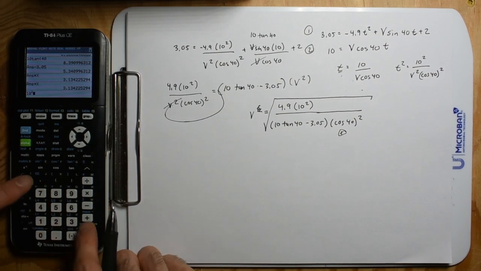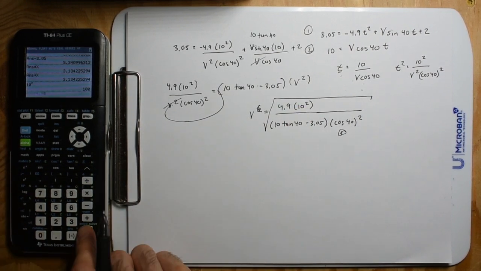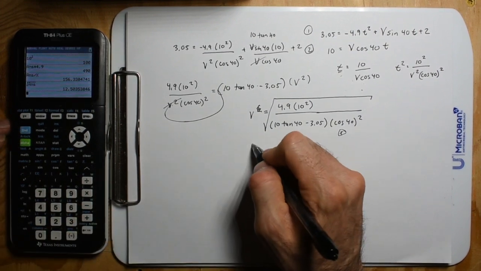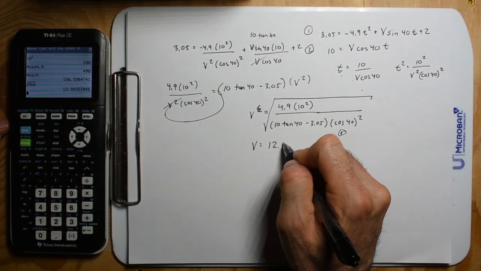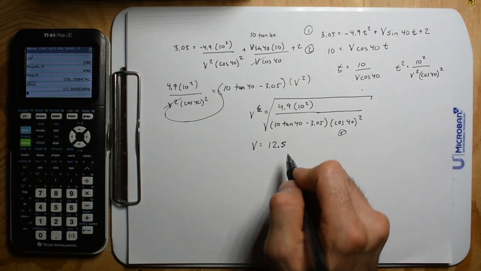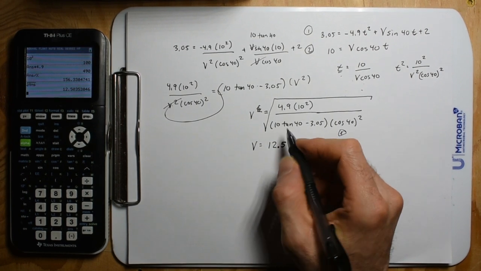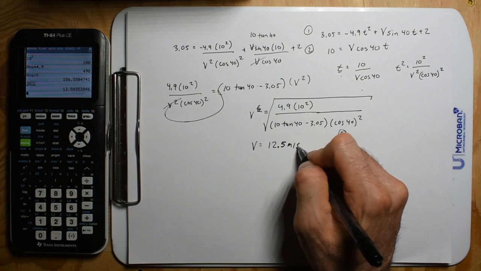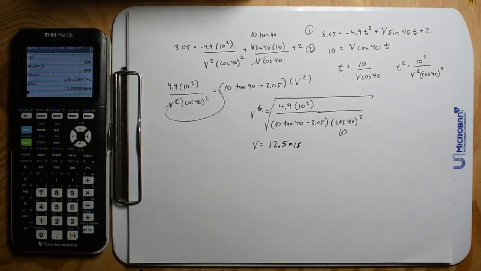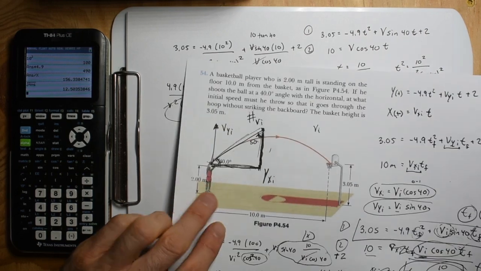Now I'm going to go 10 squared, and then times 4.9, and then divide by x. So I have made no mistakes, and now my velocity is 12.5. And now, for whatever reason, that makes more sense to me. Maybe it doesn't. Maybe I'm just, if everything sounds like it makes sense, yeah. That's why physics is hard and sucks.